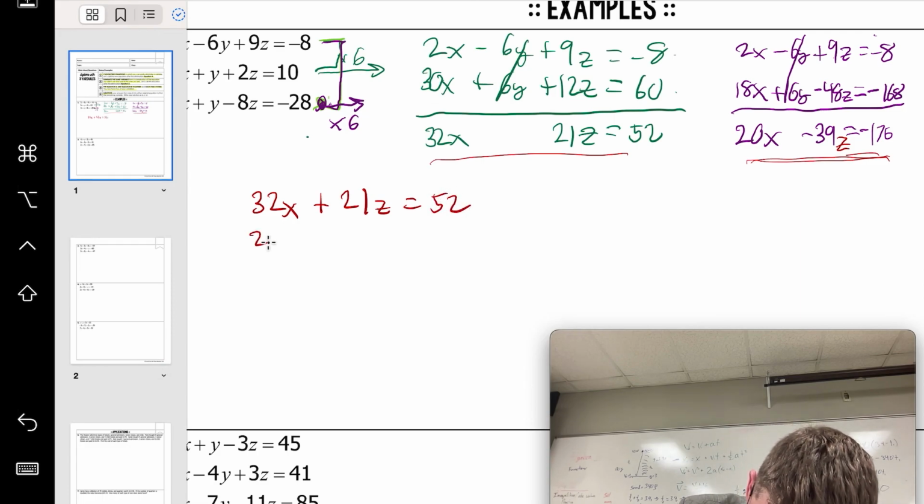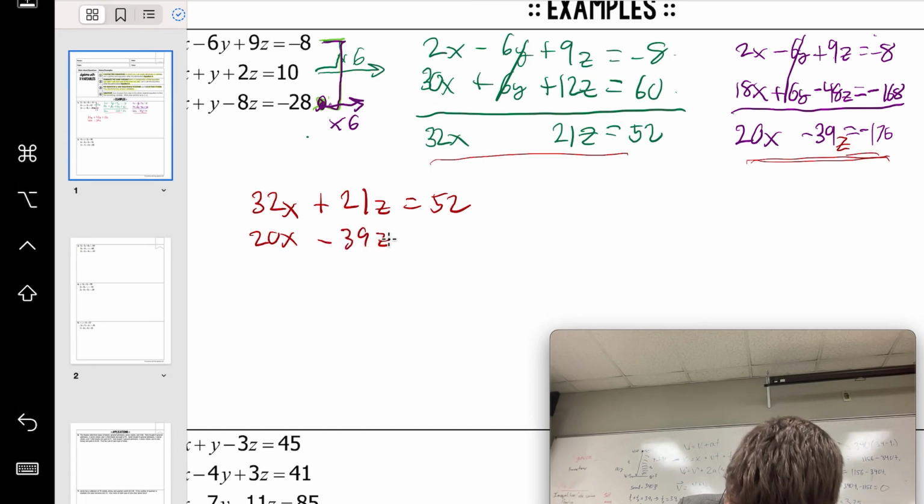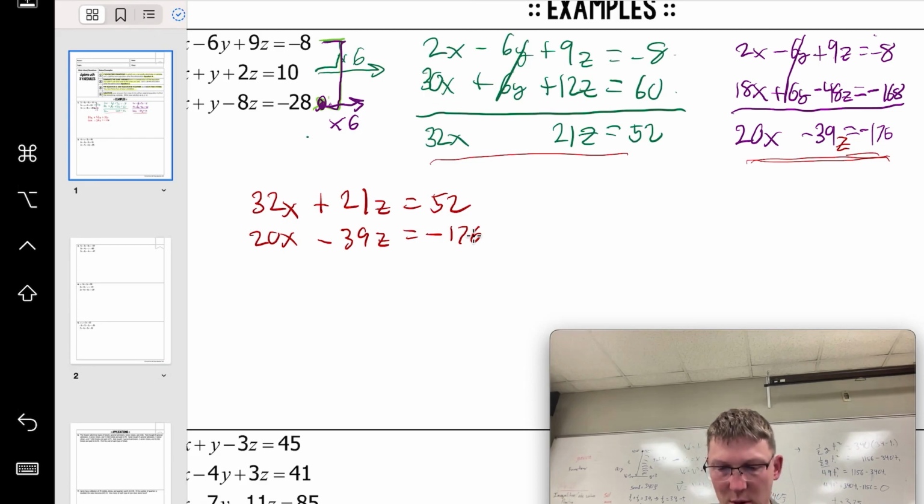And then we've got 20x plus, oh, it's a negative, minus 39z equals negative 176. So now we want to combine those two equations to, we're just going to arbitrarily pick the x.